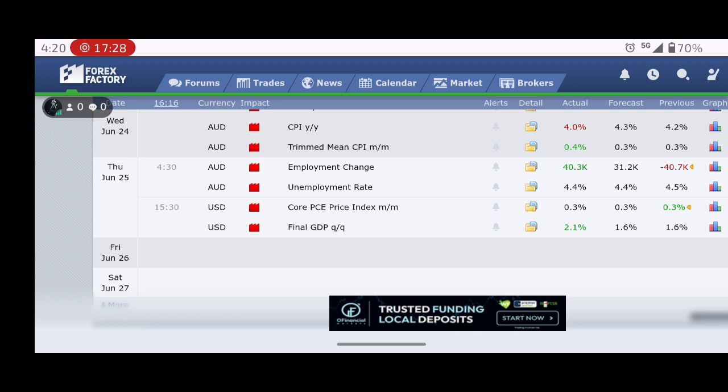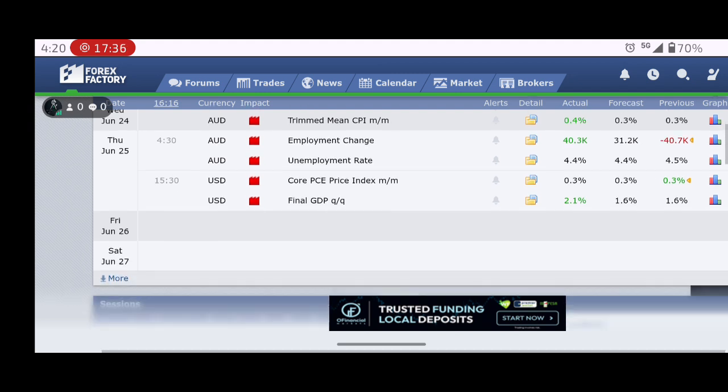Okay, coming to the final GDP news, previously we had 1.6%. The forecast still made 1.6%, and the actual made 2.1%, meaning it increased more than the forecast. If it increases more than the forecast, meaning that the USD is going up, the USD is going for a buy, is going up.